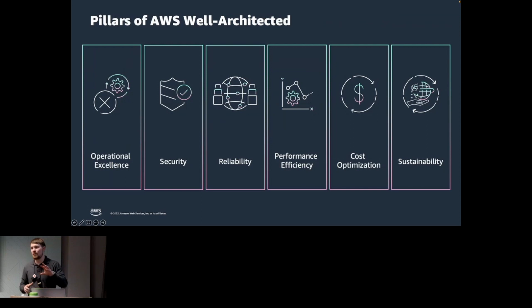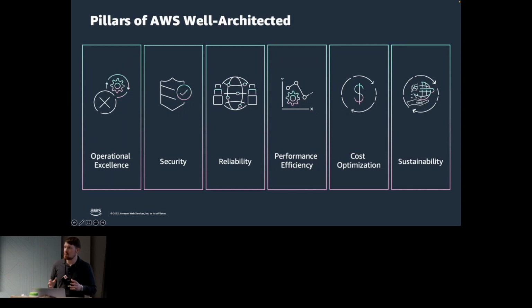But before we do that, I want to quickly summarize what the pillars are about. Security is our top priority at AWS. And the security posture of a workload is essential in assessing if it's well-architected. The security pillar covers how you can use cloud technology to protect data, systems, and assets in a way that improves the overall security posture for you.